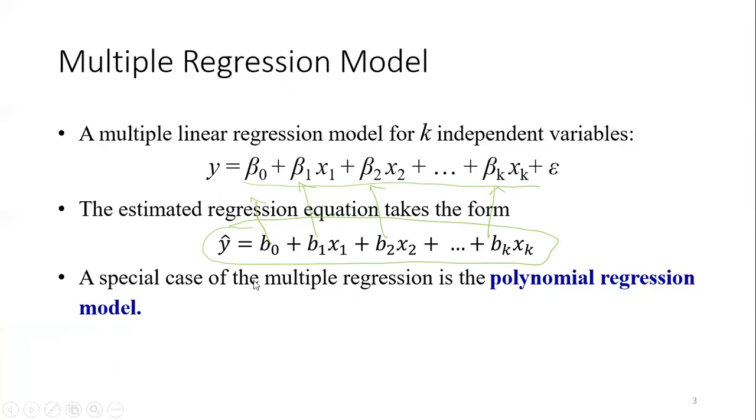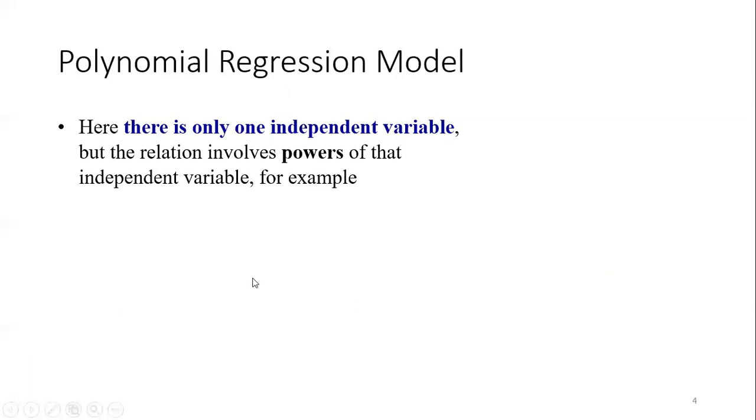There is a special case of the multiple regression model, which we call polynomial regression. Here there is only one independent variable, but the relation between the independent and dependent variable involves the powers of that independent variable. You may have something like this: y is equal to beta 0 plus beta 1x, beta 2x squared, beta 3x cubed, up to beta r x to the power r.